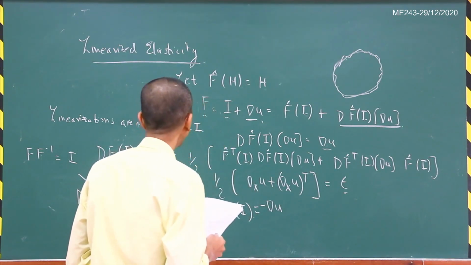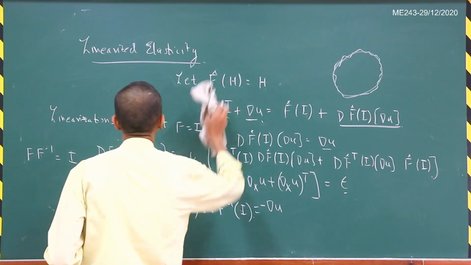So if I now linearize the Eulerian strain, let us do that here.